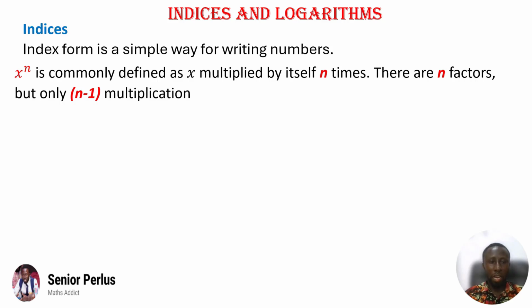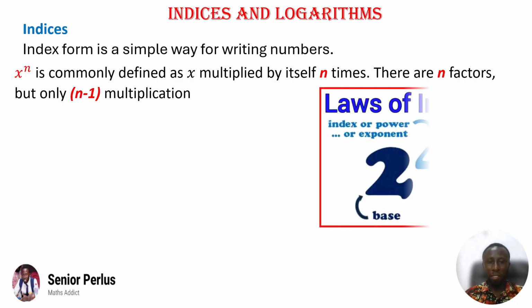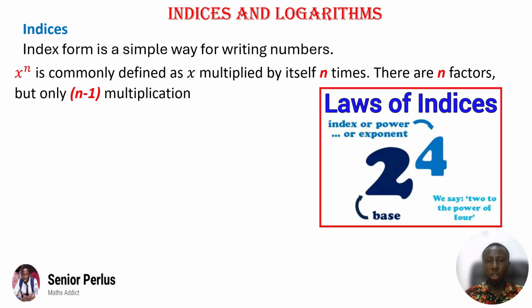S to the power n is commonly defined as s multiplied by itself n times. There are n factors, but only n minus 1 multiplications. I have this diagram of the law of indices.